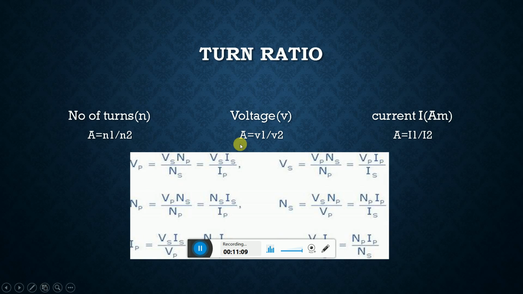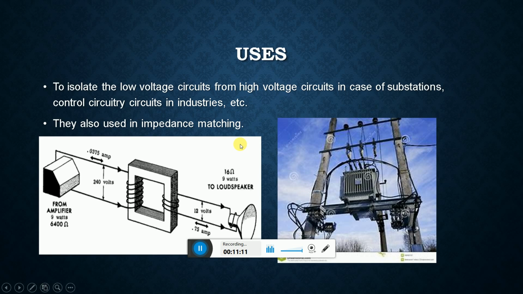Okay, these are the uses you can see. Here the transformer is used to isolate the low voltage circuit from the high voltage circuit, in substations, control circuits in industries, etc. They are also used in impedance matching.